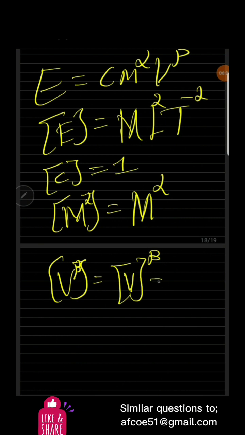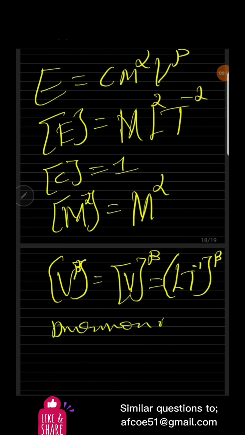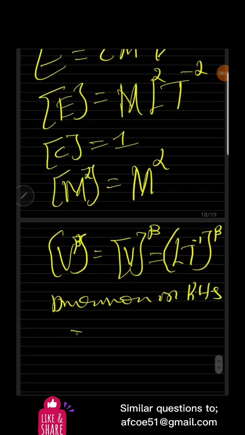And the dimensions of v, since v is velocity, will be L T to the negative 1, but all that to the beta. So in general, the dimensions on the right hand side are 1 for c, M to the alpha, and L T to the negative 1, all to the beta.